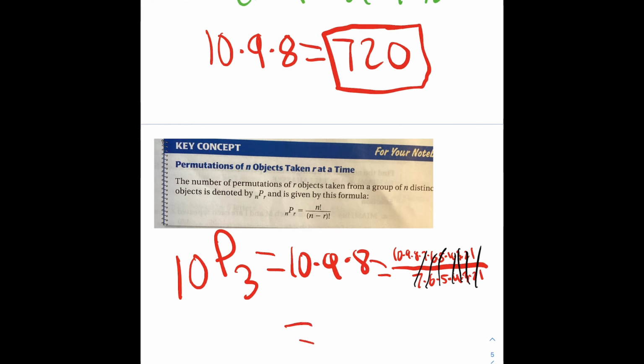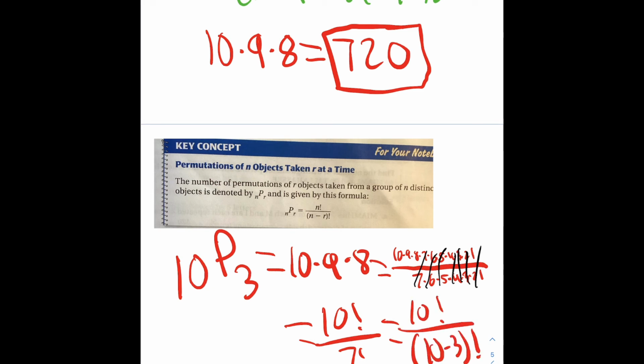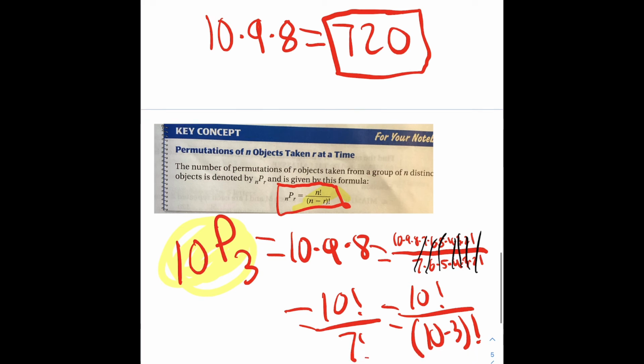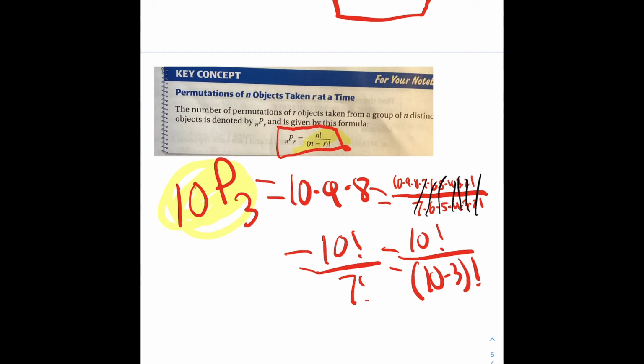We had 10 factorial divided by 7 factorial, which from the equation is 10 minus 3 factorial. So if you get something that looks like this, you know how to solve it using this equation. N is your number of teams, and you wanted just the first 3 teams: first, second, and third places.